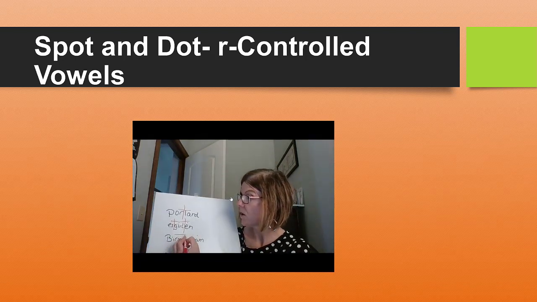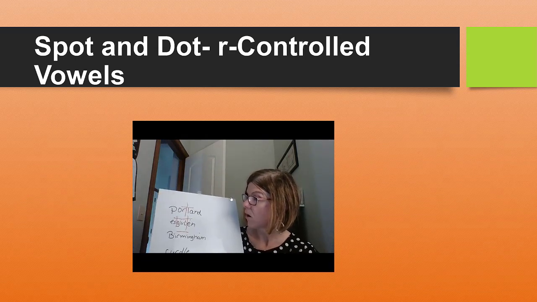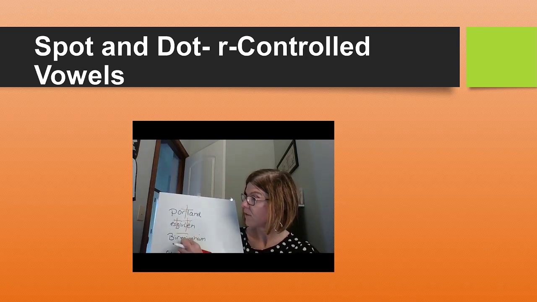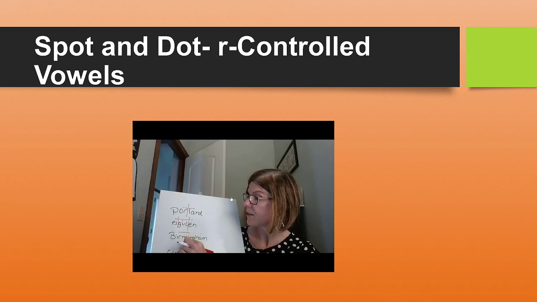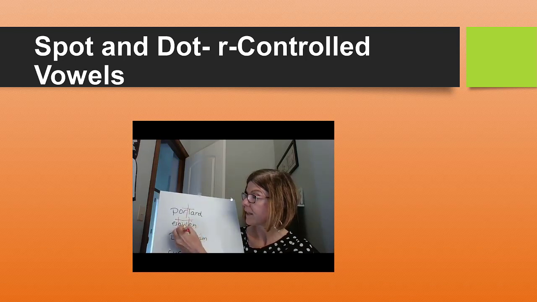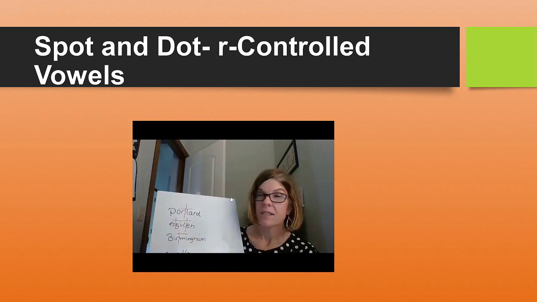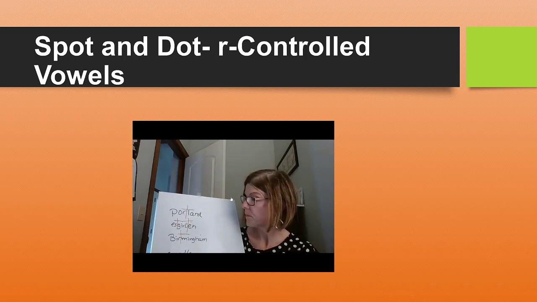So I'm going to draw a line between R and a line between the I and the I, rather. Now, I know that I can have a word that ends in RN, but I know that I can't have a word that starts with IN. And so I'm going to divide it right here. So my first syllable is burr.